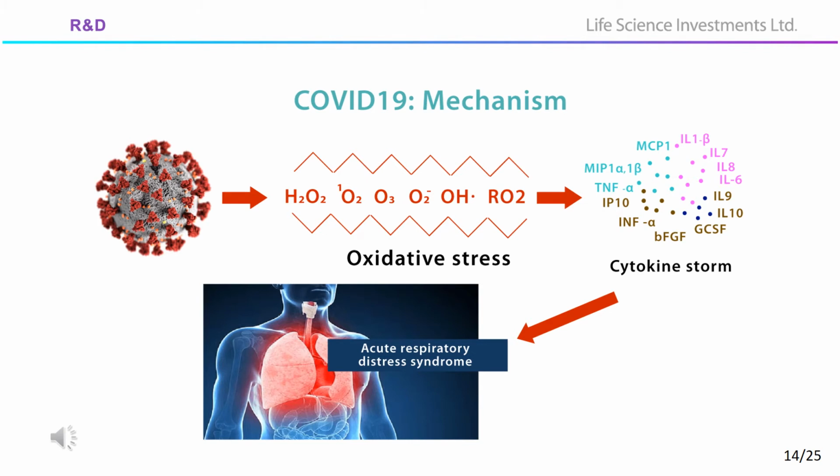And if nothing is regulating the oxidative stress, we are reaching the cytokine storm that we talked about, and with all the danger of finishing with acute respiratory distress syndrome, and with all the danger it may mean for the patients.